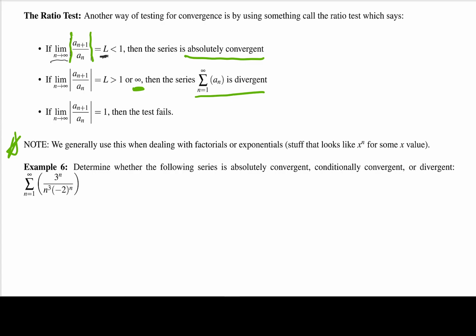We generally use the ratio test whenever we have factorials, right? So something that looks like n factorial or n plus 1 factorial, or exponentials. And exponentials are going to be stuff that looks like x to the n for some x value. So something like 3 to the n, or even pi to the n, right? Some constant number to the nth power.